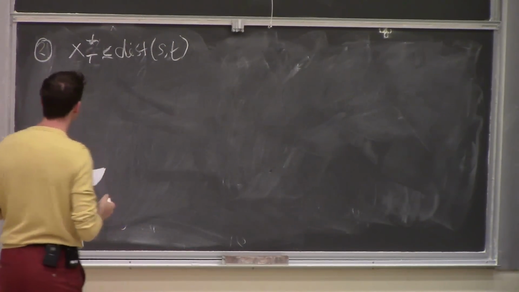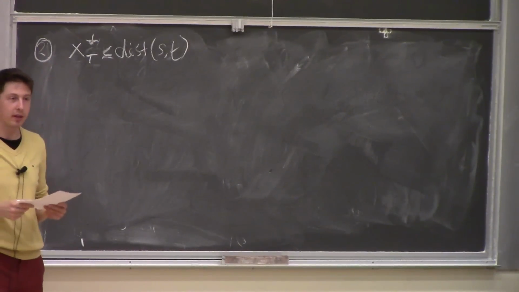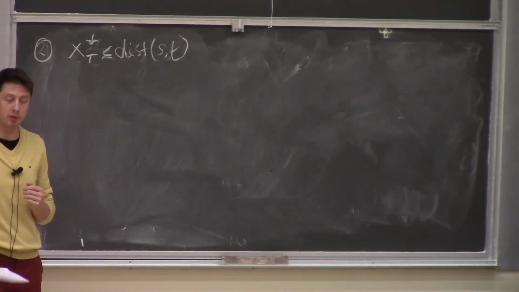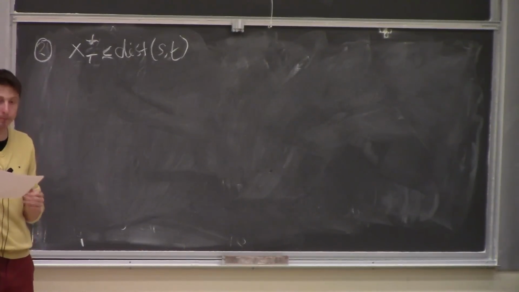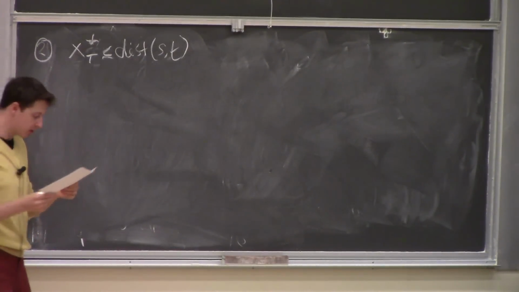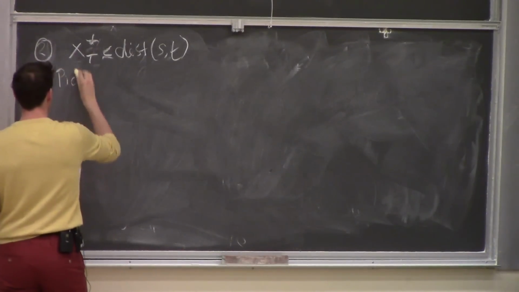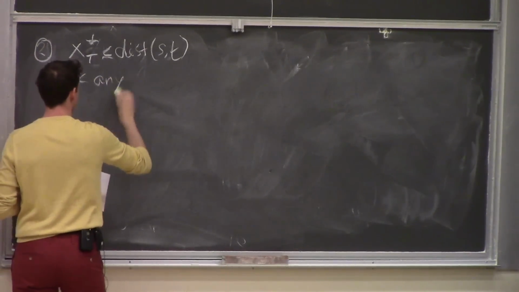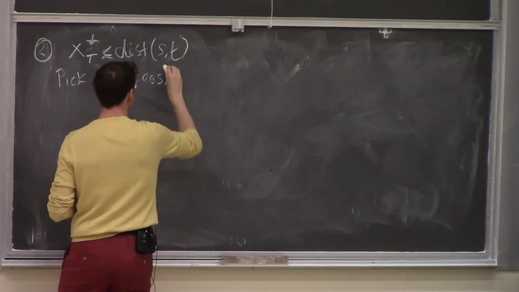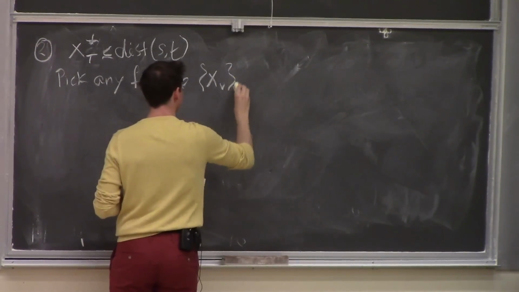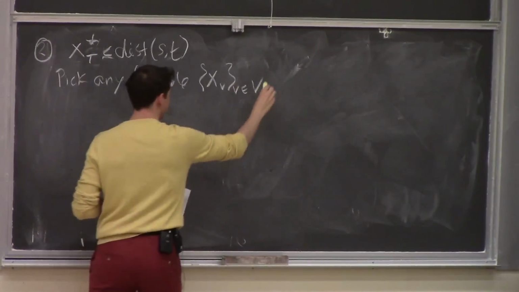Okay, so one way to show that is derive an upper bound for any feasible solution. Okay? So let's see. Pick any feasible xv, so a setting of the variables that is feasible.